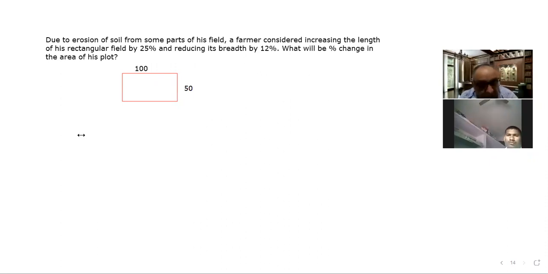Then the area of the plot earlier was 100 into 50, that is equal to 5,000 square units.